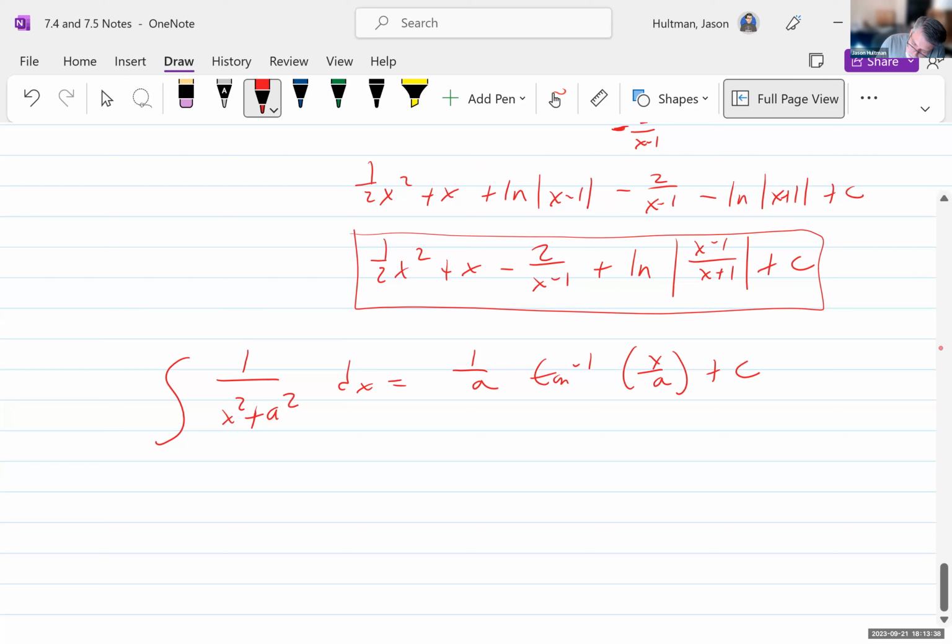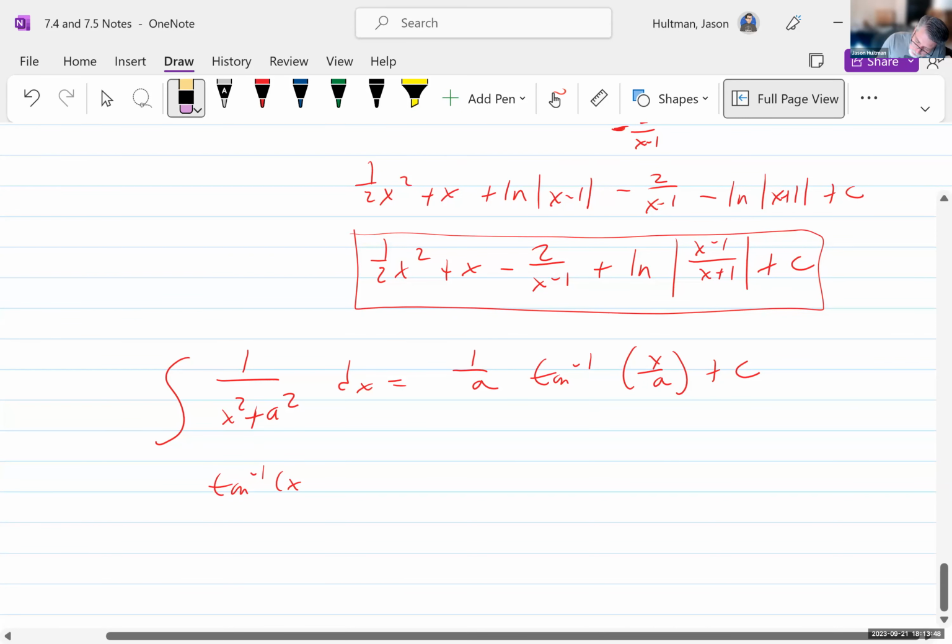The derivative of inverse tangent of x, if I take the derivative of, let's just do x over a real quick, I get 1 over x over a squared plus 1.